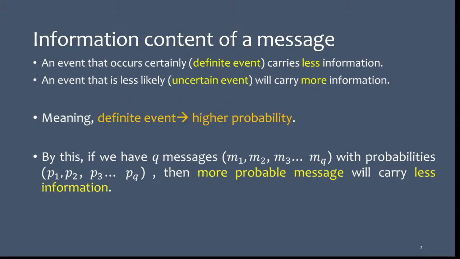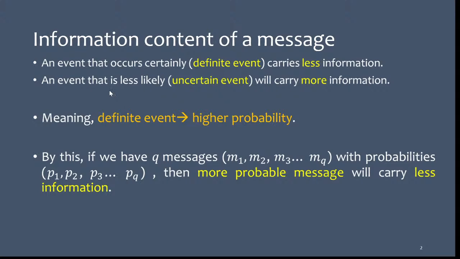For instance, in general, any event that occurs with certainty is a definite event. When the probability of occurrence is certain, we call it a definite event, and it carries less information.